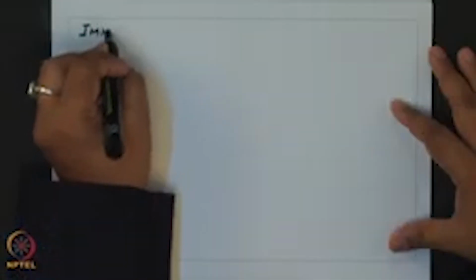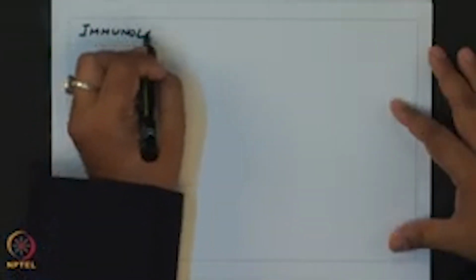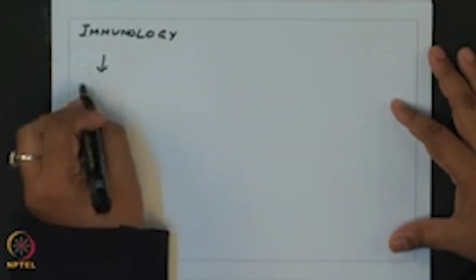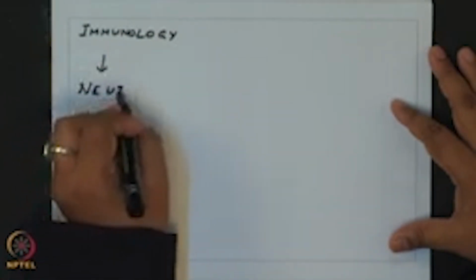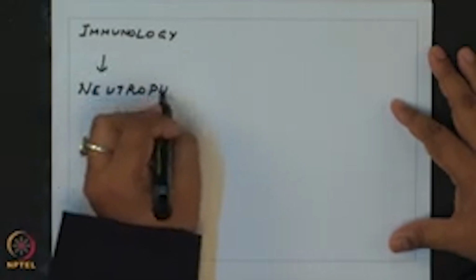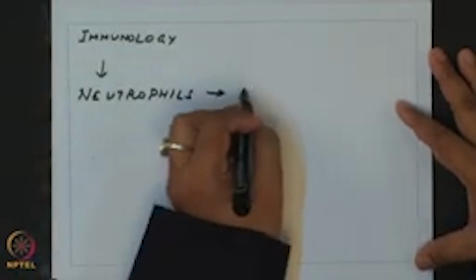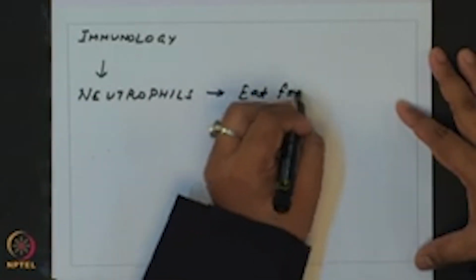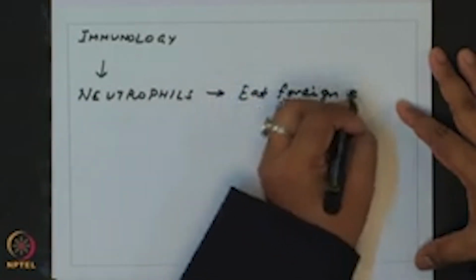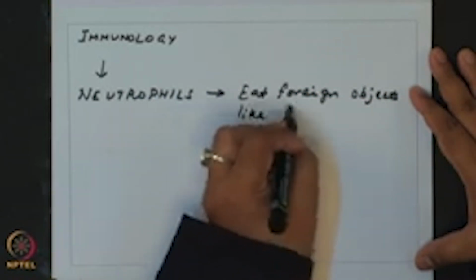So, let us take a simple example. You know from your immunology studies that you have neutrophils which actually eat up foreign bodies, like bacteria.